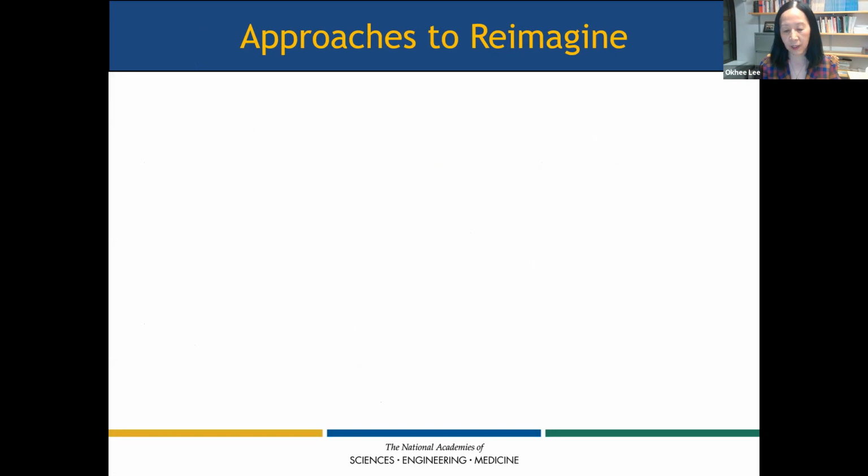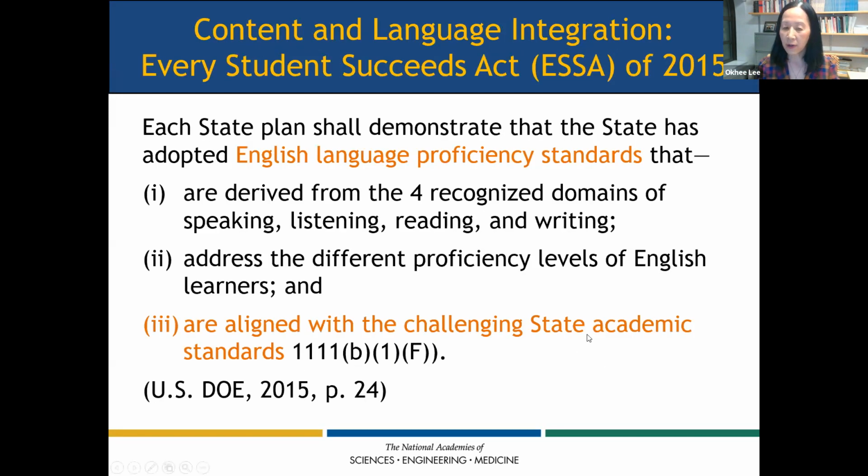The same with the engineering standards. Now that content standards are different, you can imagine that English language standards should also be different, because it says ELP standards are aligned with them. Now that academic standards in content areas are different, then ELP standards should be different, right? That's the logic.